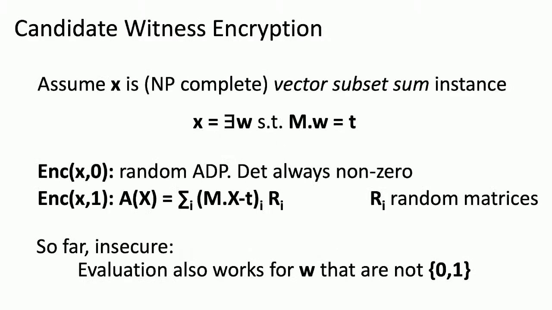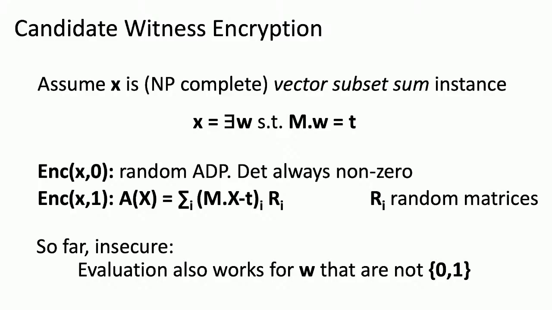So we gave a candidate witness encryption scheme based on ADPs, and here's how we did this. First, for witness encryption, it suffices to only consider instances that are part of a particular NP-complete language. You can always use NP reductions to encode whatever your witness is as an NP statement under your favorite NP-complete problem.